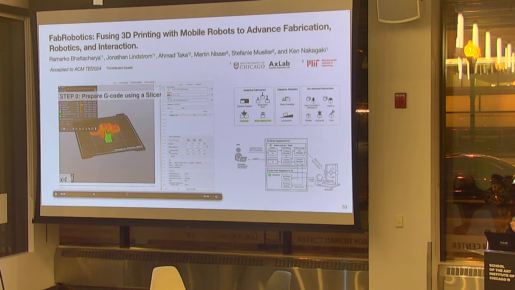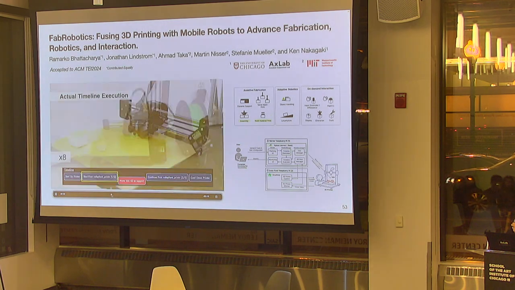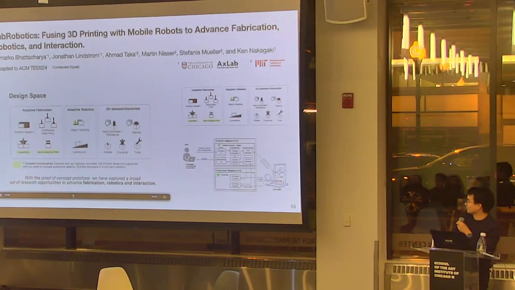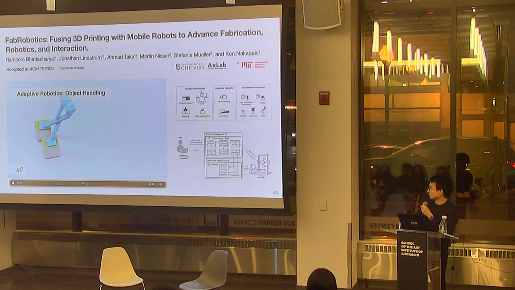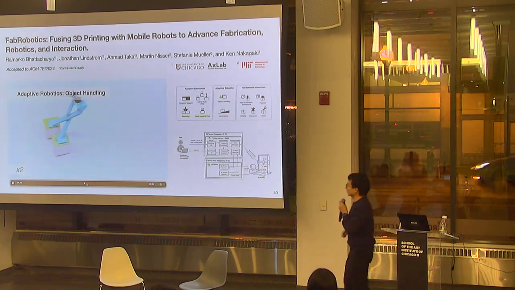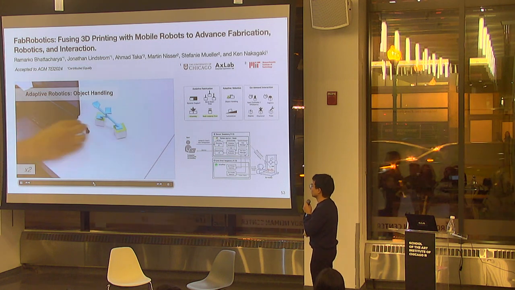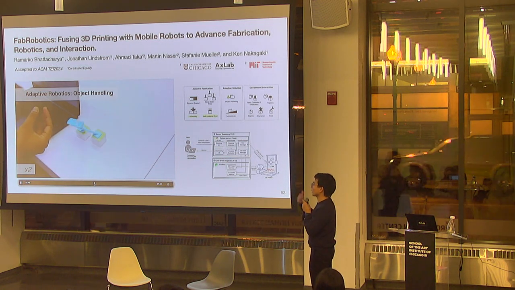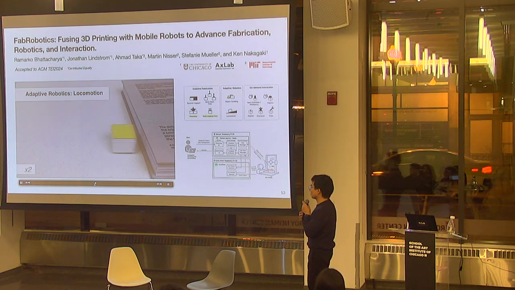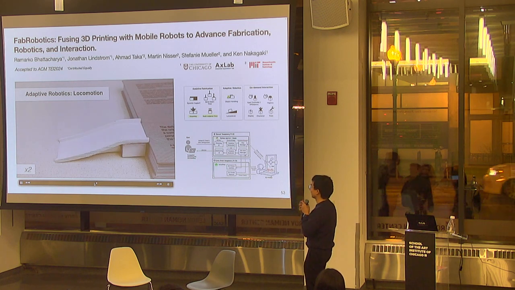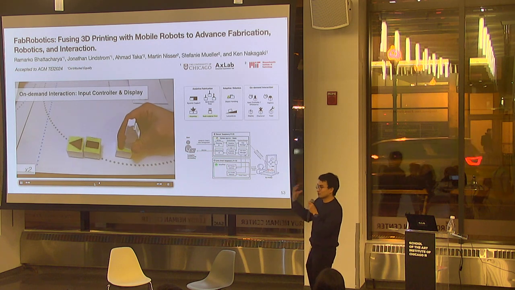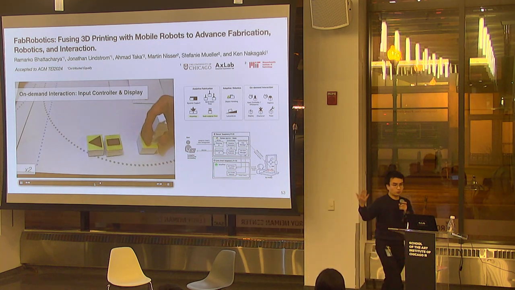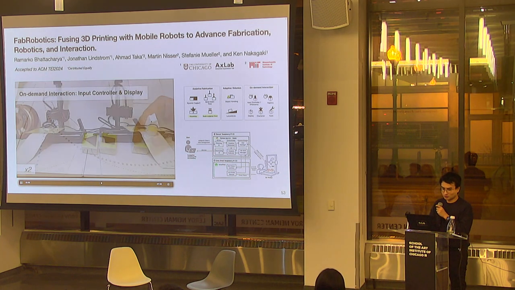Because it's a 3D printer, you can print any kind of shape on top of it, and it can bring it to the user. So that's looking at how the future of interactive robotics could be more flexible and dynamic, thanks to having the 3D printer as a way to bring new responsive, on-demand tangible user interfaces.